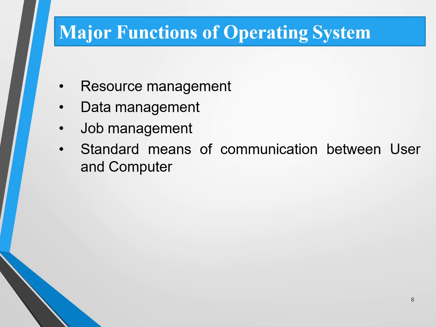The next function is standard means of communication between user and computer. The operating system establishes a standard means of communication between users and their computer systems. It does this by providing a user interface and a standard set of commands that controls the hardware.